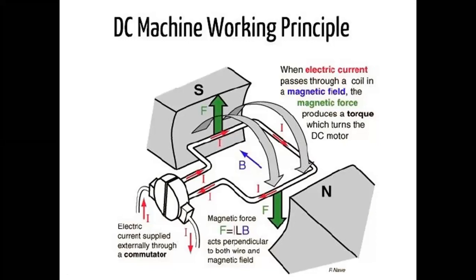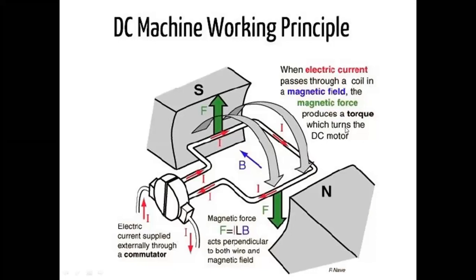So what we are saying here is, when electric current passes through the coil in the magnetic field, at that time magnetic force produces the torque, and as the magnetic force produces the torque, your motor will start, the motor will turn on.